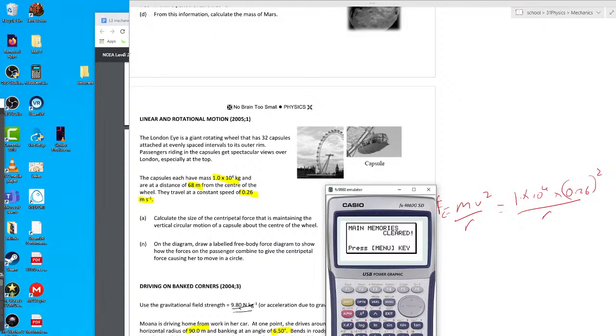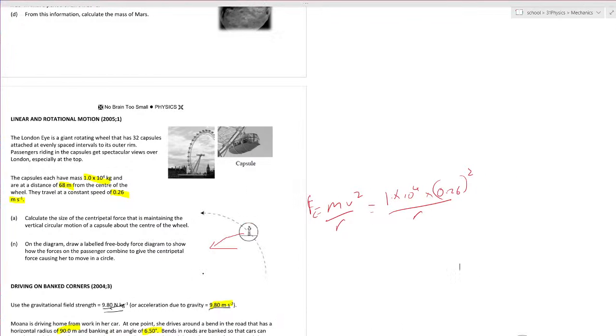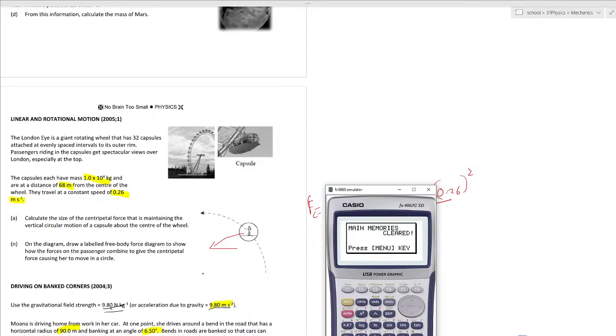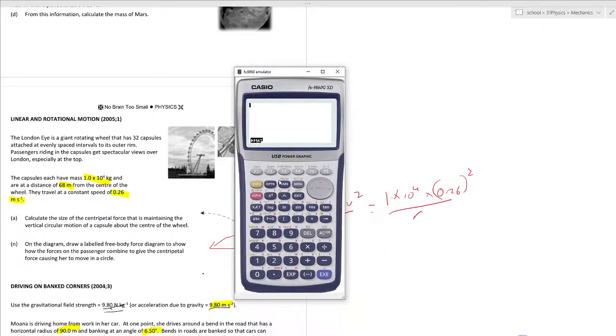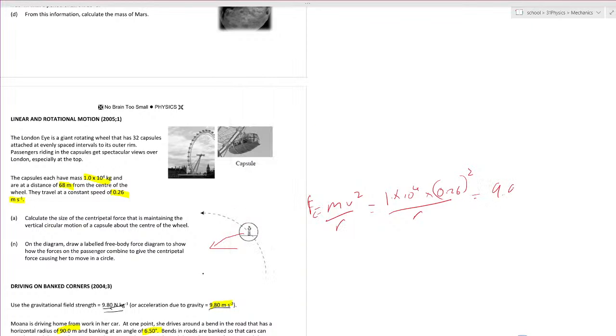Clear. 1 times 10 to the 4 times 0.26 squared, all divided by, what am I dividing it by? R, which is 68. That gives 9.94. We're talking about a force, so it's going to be newtons.